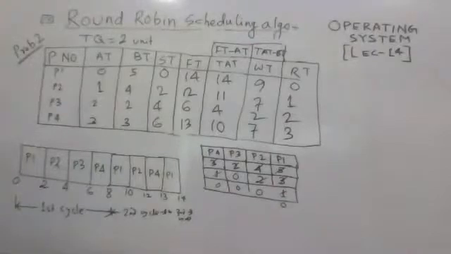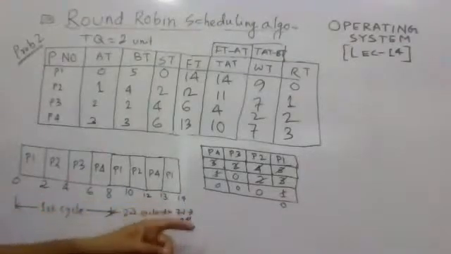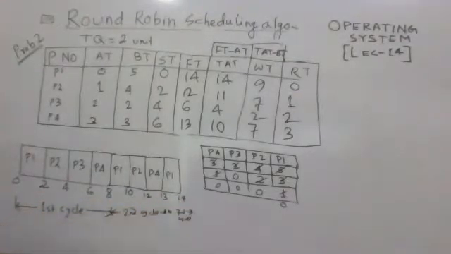So in this particular algorithm, carefully we have to draw this schedule chart, and at the same time we have to maintain this FIFO queue also. Okay. So this algorithm is suitable for time sharing systems.